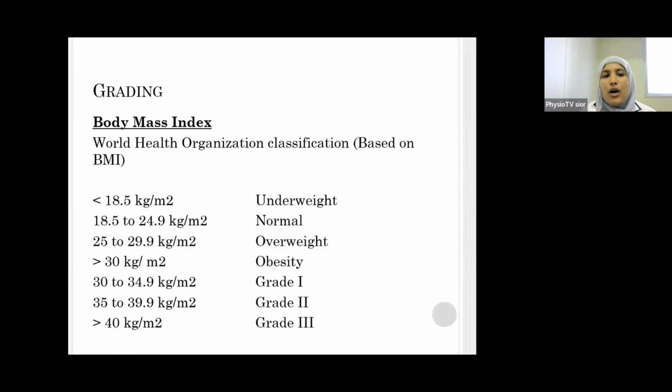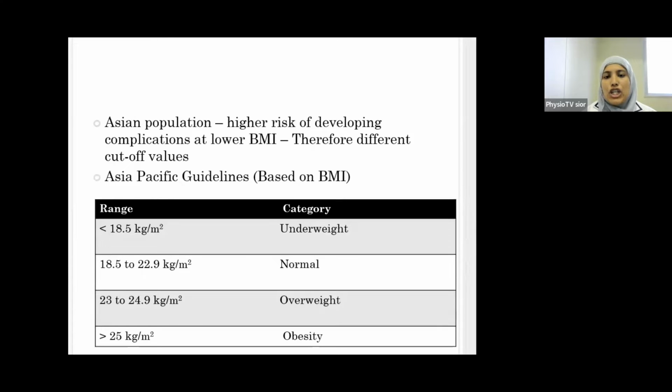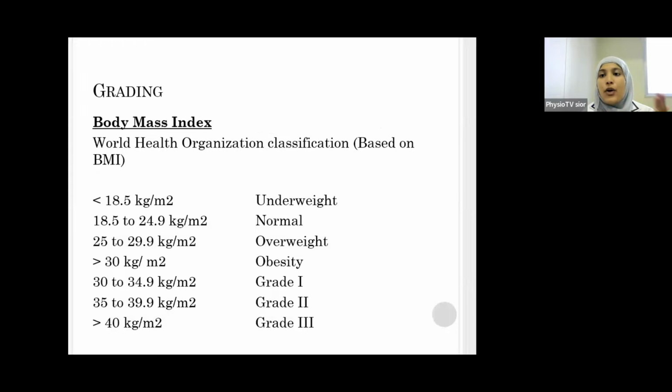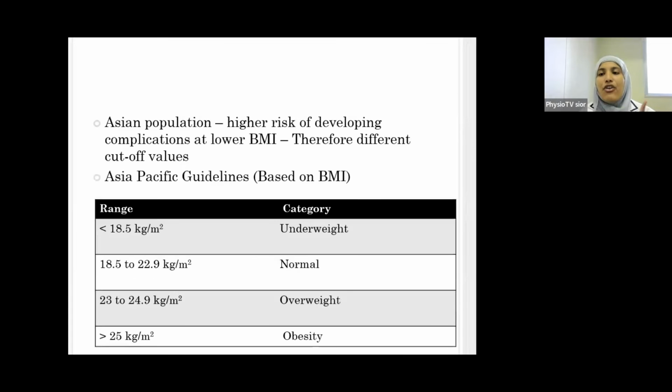You can see how 24.9 is changed into 22.9 for the normal category. 23 to 24.9 is overweight, and above 25 is obese. Whereas, according to WHO, a BMI of 30 kg per meter square and above was obese, for the Asian population it has been changed to more than 25 kg per meter square.